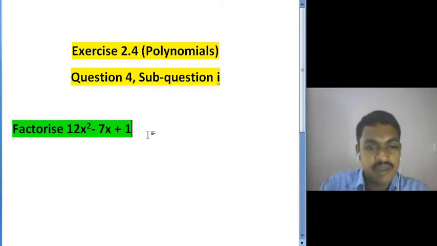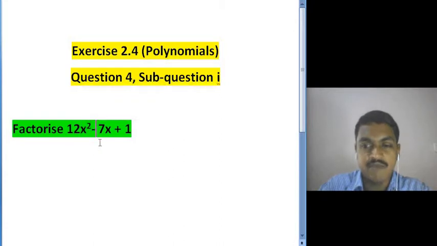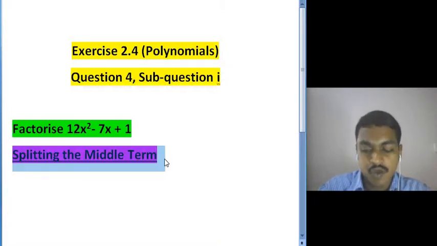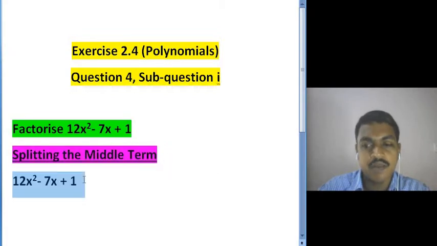You can either use the factor theorem, called the factorization method, or you can use splitting the middle term, which is what we are going to do now. So we are going to split the middle term of the question 12x square minus 7x plus 1.